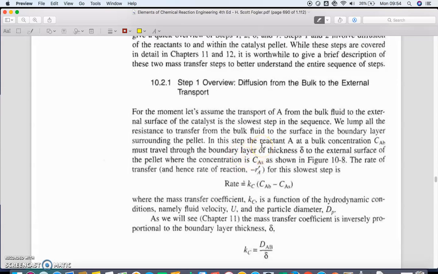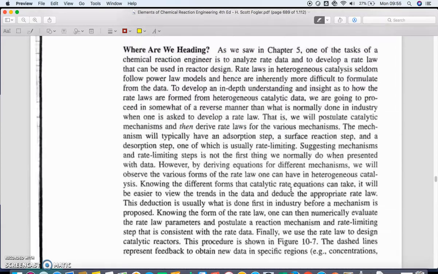Say the reaction is actually A producing B. Always in this book they use reactant A producing B. So here, diffusion, if you learned back in your previous years in mass transfer, you will see that CAb is actually your concentration of A at the bulk. CAs is actually your concentration at the catalyst surface.